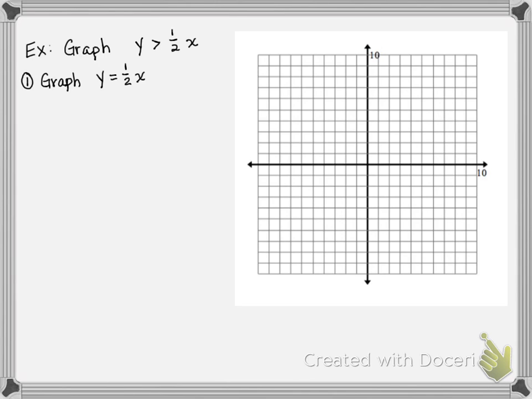But you can just make a table, or you can say, if x is 2, y is just going to be 1, because that equation says y is half of x. So when you have a simple equation like this without any addition or subtraction, probably the simplest way to graph it is to just pick a couple numbers and throw them into the equation to get a couple points. So I have 0, 0, and then 2, 1.